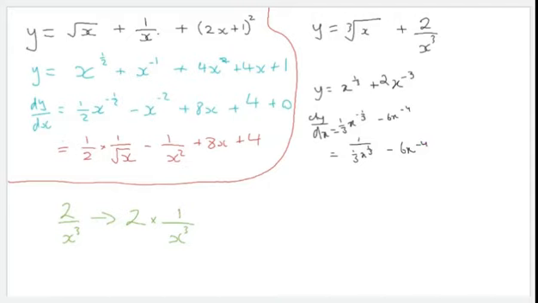Cool. Okay, so we've got x to the power of a third. Knowing that 2 over x cubed is the same thing as 2 times 1 over x cubed, we then realize it's 2 times x to the minus 3.